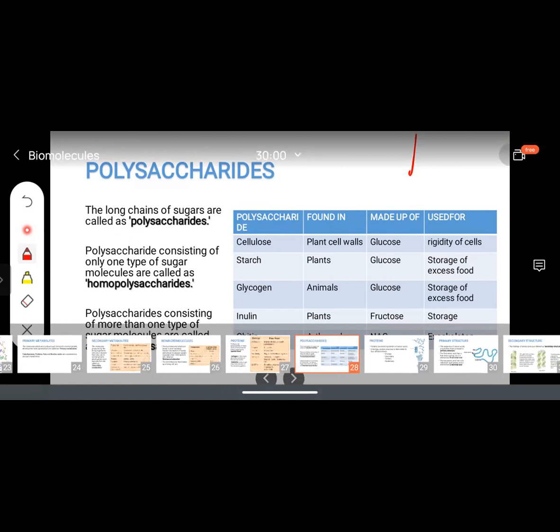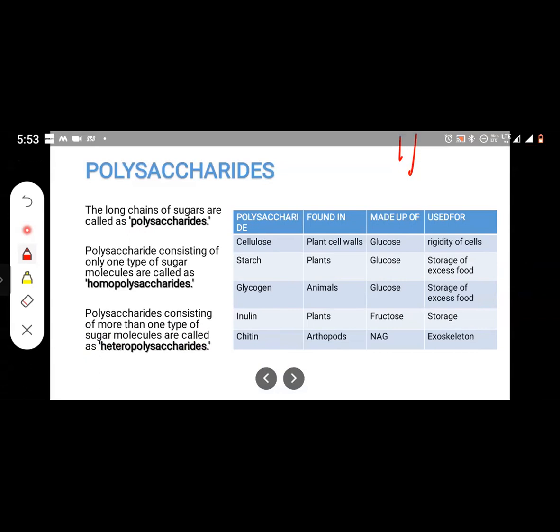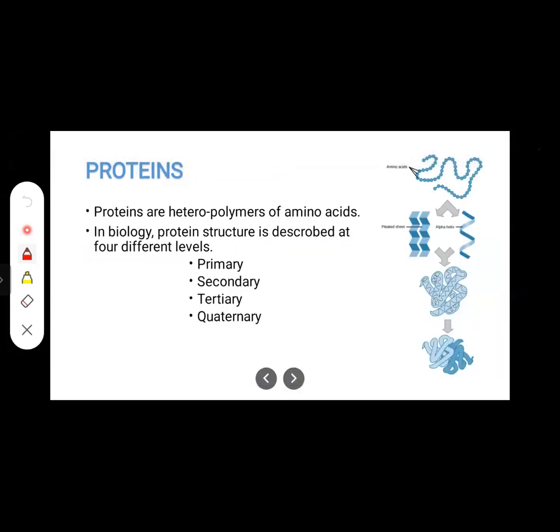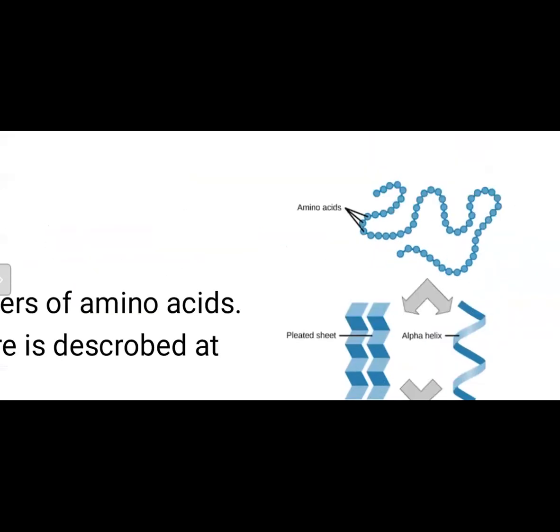So now let us talk about the proteins. These proteins are chains of amino acids. If you see here, this one circle corresponds to one amino acid.